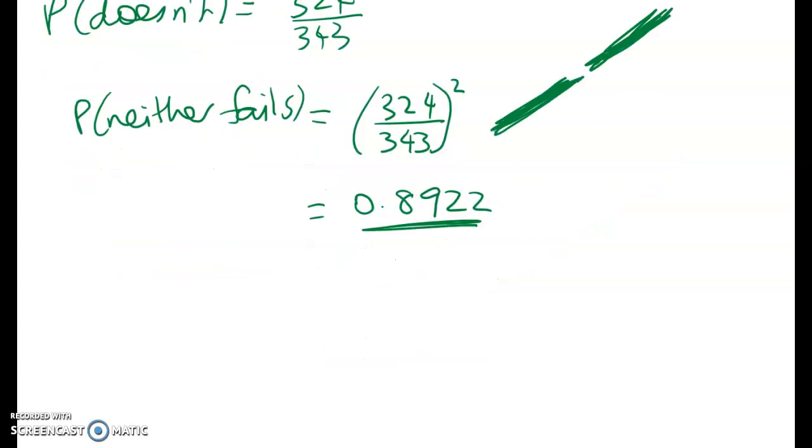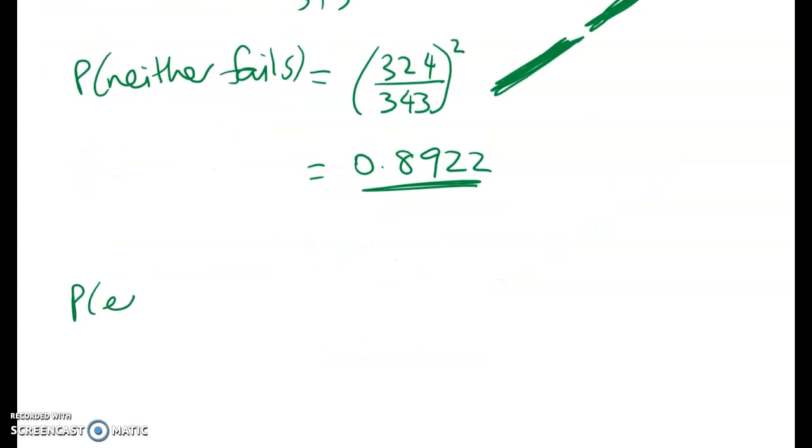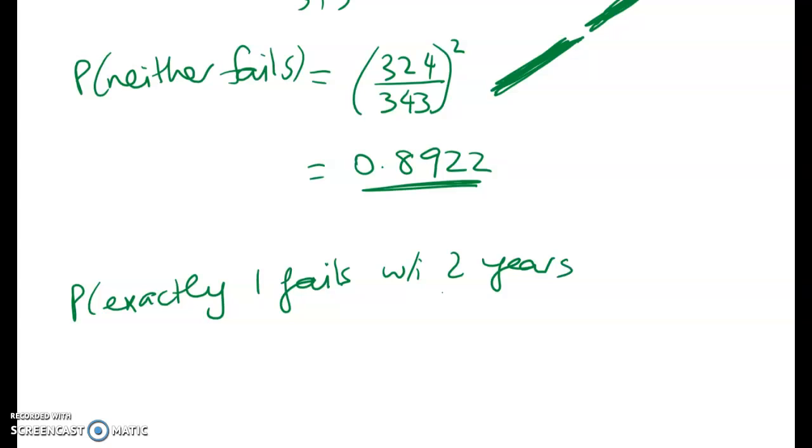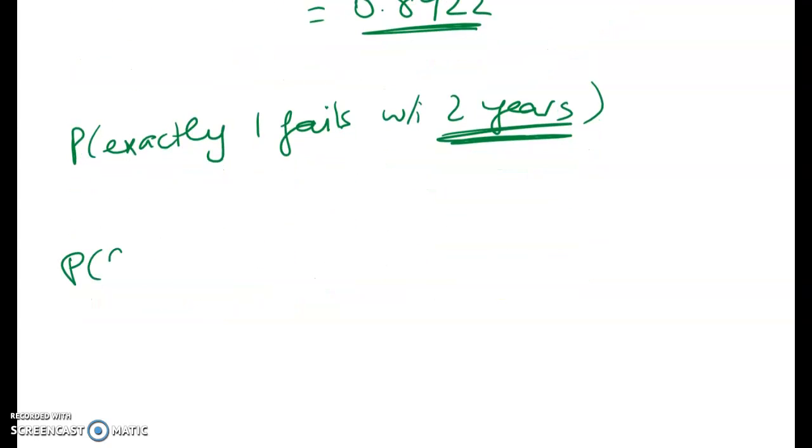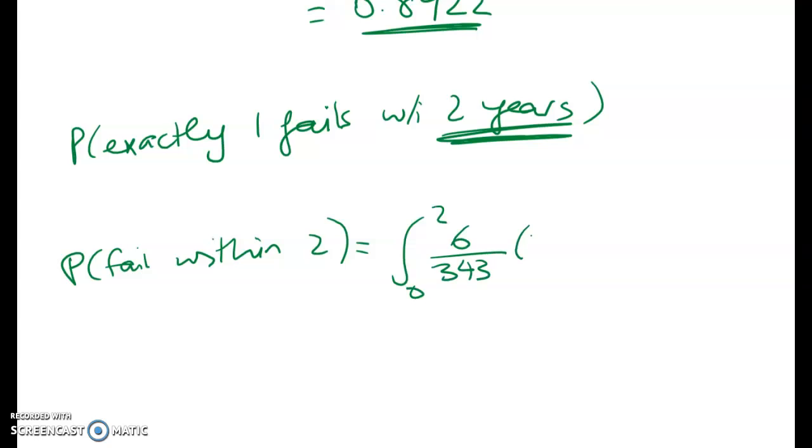Now the next one is the probability that exactly 1 fails within 2 years. First thing I've got to do is go back and work out the probability of failure within 2 years. So probability of failing within 2 is equal to the integral from 2 to 0 of my PDF. This is getting pretty familiar by now.